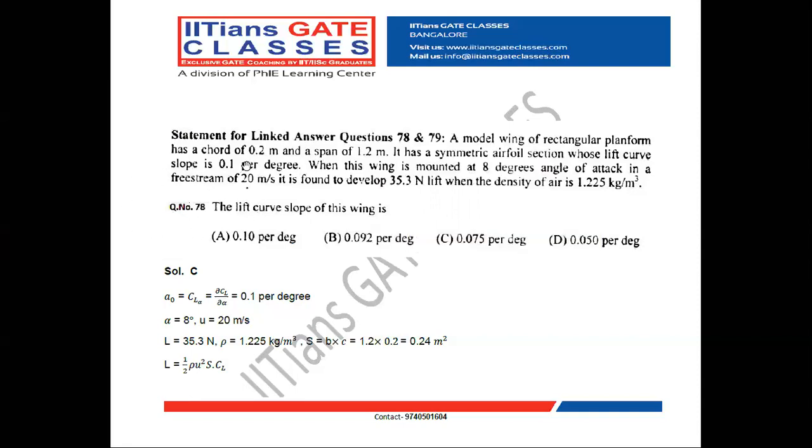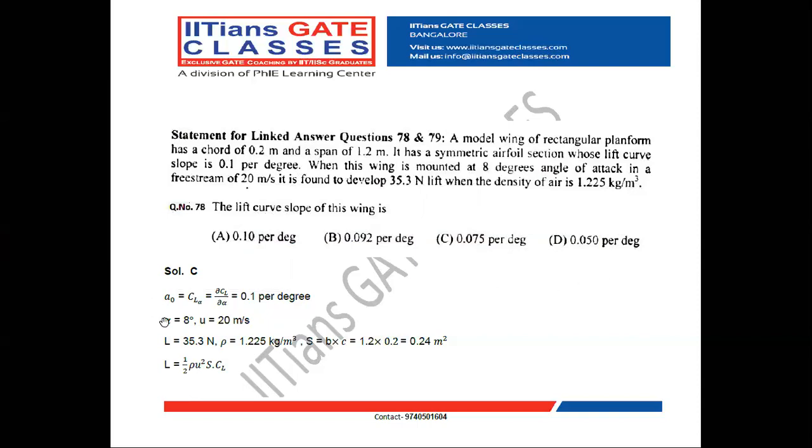Using this common data, question number 78: lift curve slope of this wing is option A 0.1 per degree, option B 0.092 per degree, option C 0.075 per degree, option D 0.05 per degree.